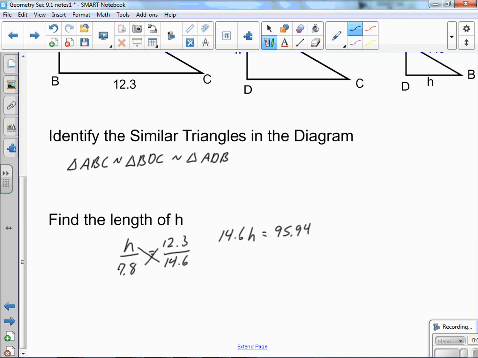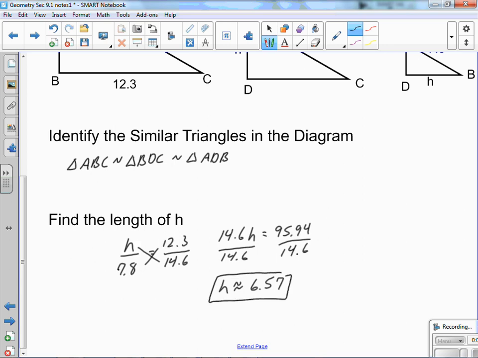And to solve for H, divide by the 14.6. Which is not going to come out perfectly even, so I want to say H is approximately, because I'm rounding here, 6.57.